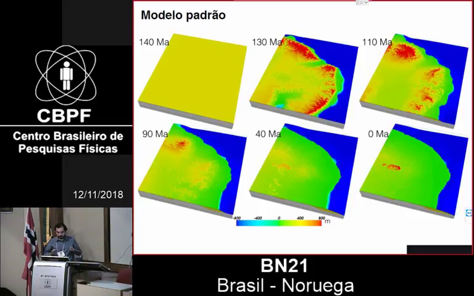In the standard model, I simulated the stretching that formed the margins and uplifted the margin due to flexural effects. Then we have fluvial incision and deposition in the interior basins and offshore too.